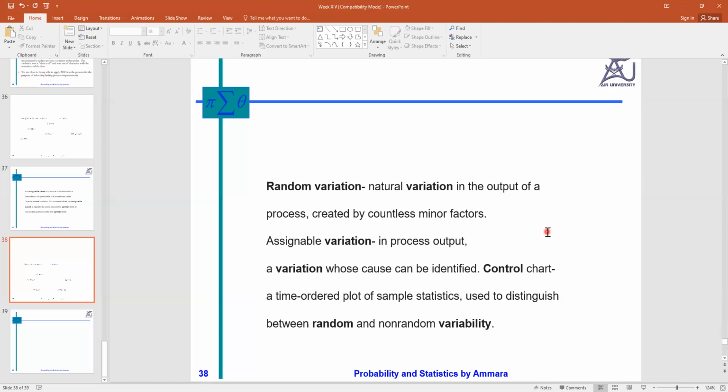But if the cold drink bottle is filled half, then there is a need to identify the reason. There is a need to determine the cause. What is the cause behind this half filling? Either the quantity finished at that time, or there was an electricity issue when the bottle was filling, or there is a fault on the part of the employee at that time, or there is any other reason for that half filling.